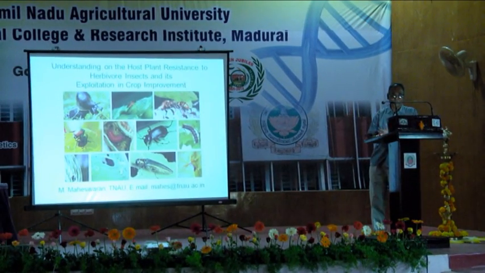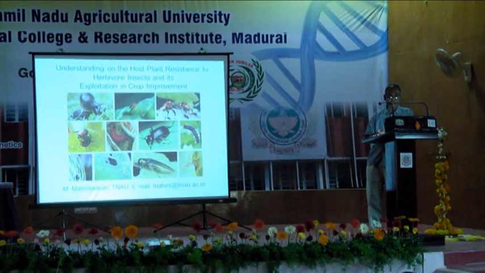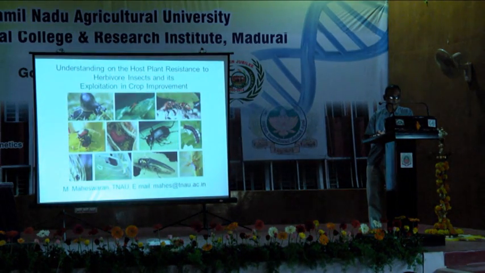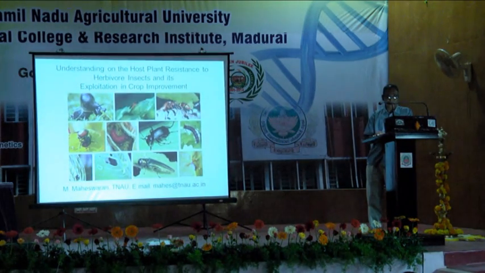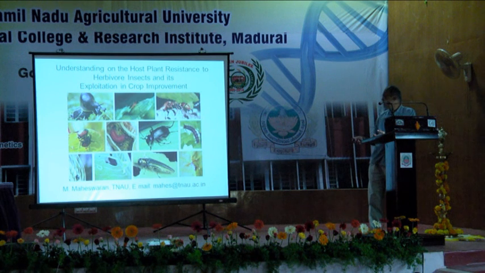The problem of host plant resistance with diseases is much easier than with insect pests. That is what I am going to talk about, and how these markers can be used and what is the importance of biology we have to deal with. That is the main thing. Here you have a set of insect pests and their feeding behavior is entirely different.